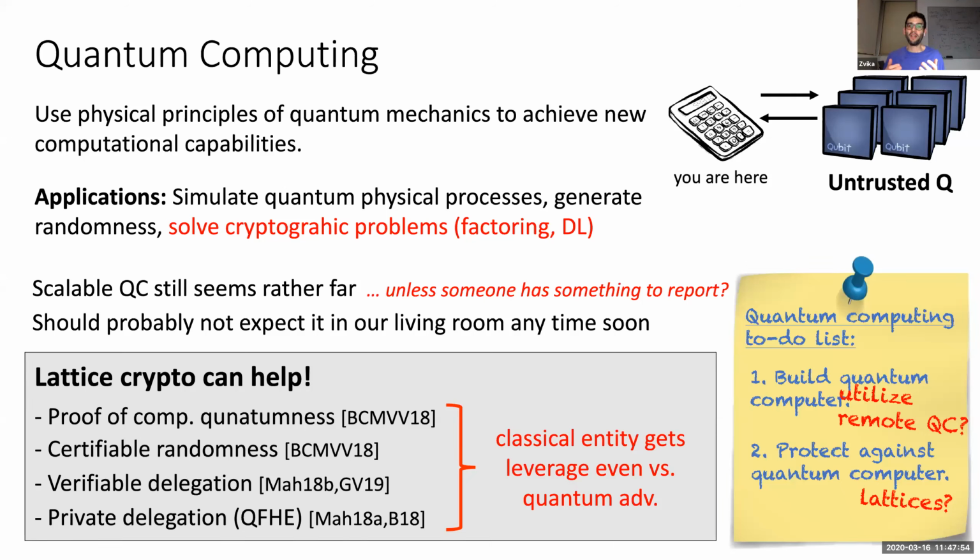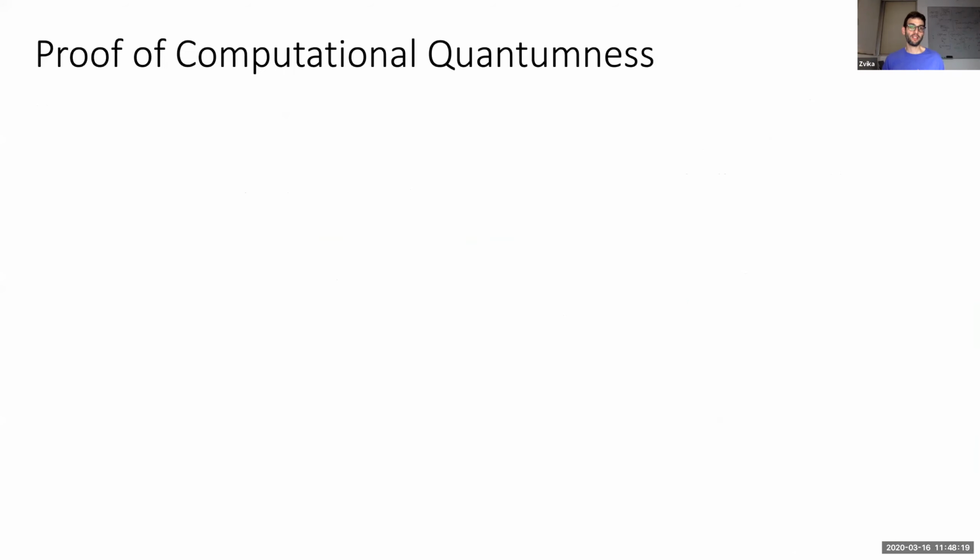So Thomas Vidick calls this the classical leash, having a cryptographic leash on quantum computers, and I think it's a nice picture to keep in mind. So the cryptography allows you to put a leash, even if you're a classical entity, on a quantum device.